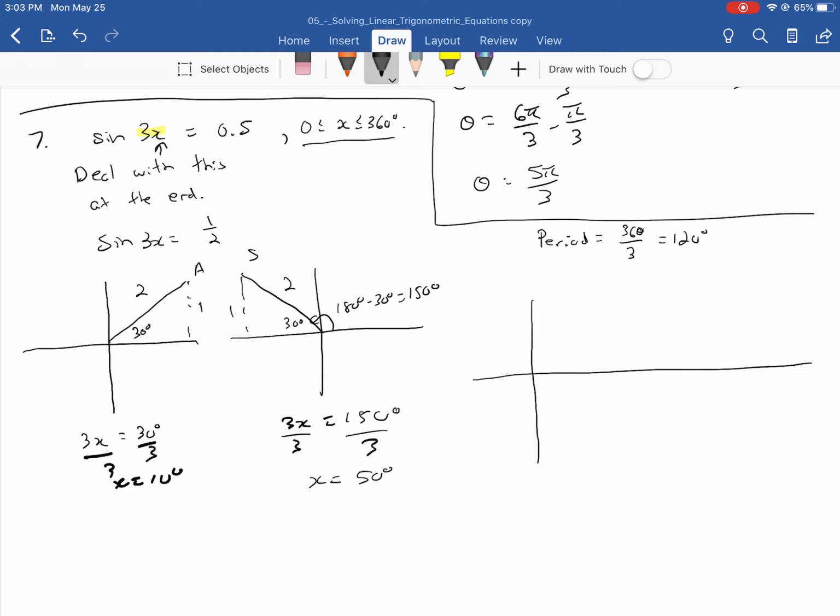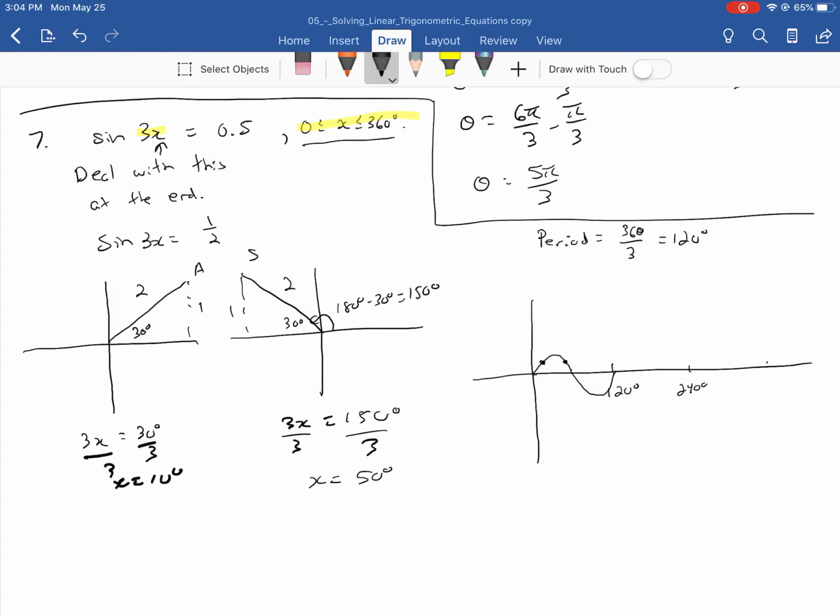The period of this graph would be 360 divided by 3. The period's 120 degrees. Okay, so at 120 degrees, this graph will have to have gone up, down, back, here. And what we found is, when is it equal to 1/2? Here and here. 2 different times in that first 120 degrees.